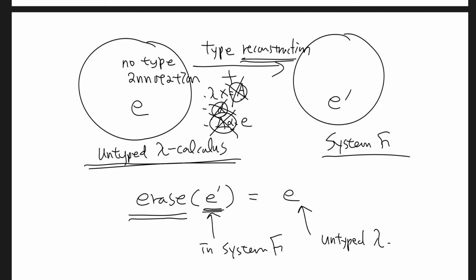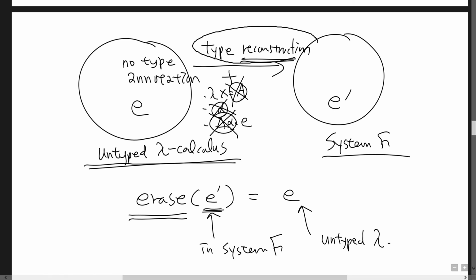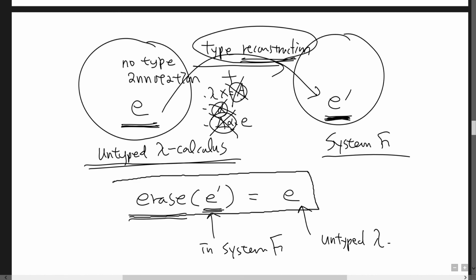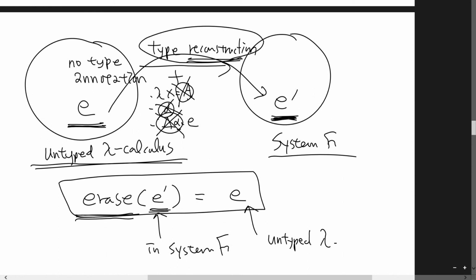So the requirement in this type reconstruction is you start with an expression in untyped lambda calculus, and you run this type reconstruction algorithm to produce a corresponding expression in system F, say this E prime. Then you should be able to show that expression E prime satisfies this equation. If you erase all these type related stuff, then you get back the original expression E.